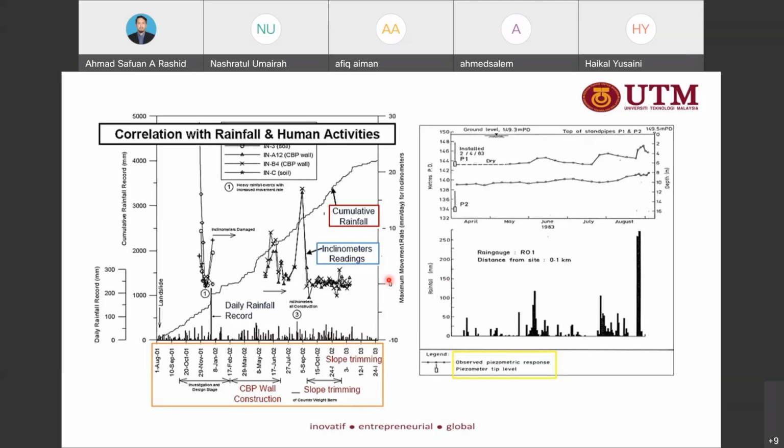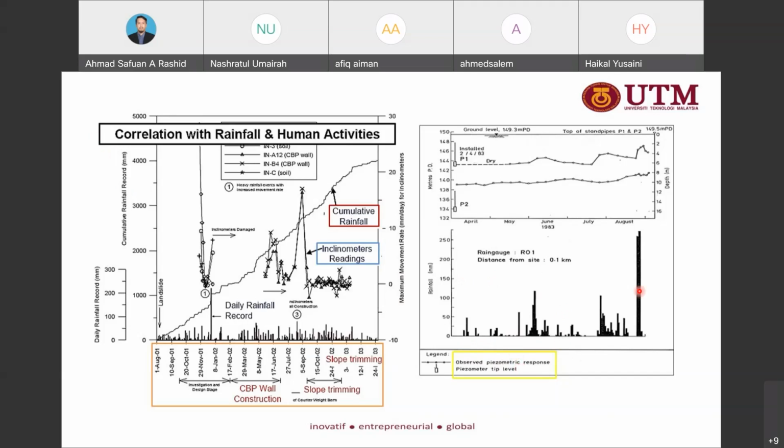So this is the inclinometer reading, to determine the movement. While this cumulative rainfall, we determine the rainfall intensity. While this is the value to determine the increment of the pore water pressure, and it may reflect the groundwater level.